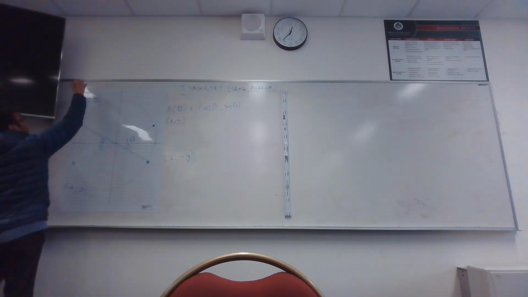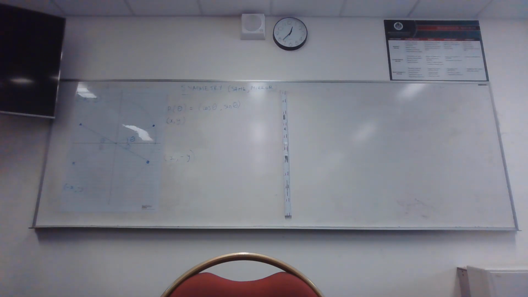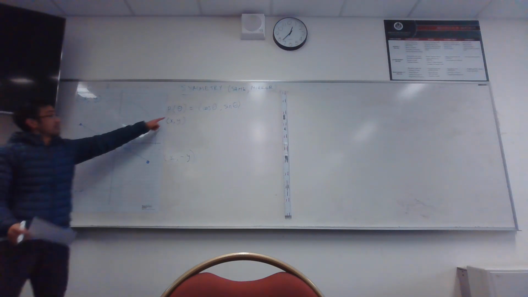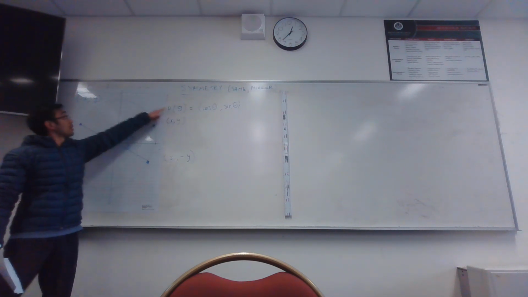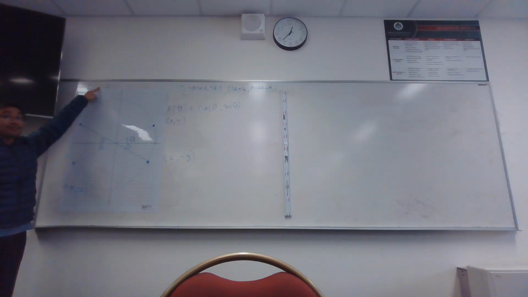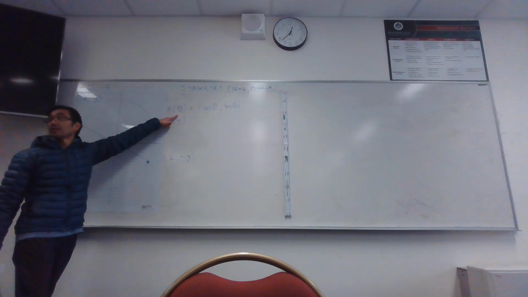Now, if we were to write this as a point, if this was the angle, what can I write in here if that is also the equal angle? How could I rewrite this in here?